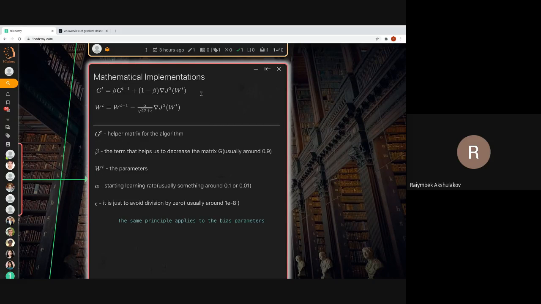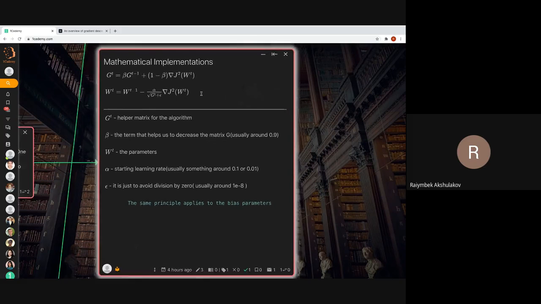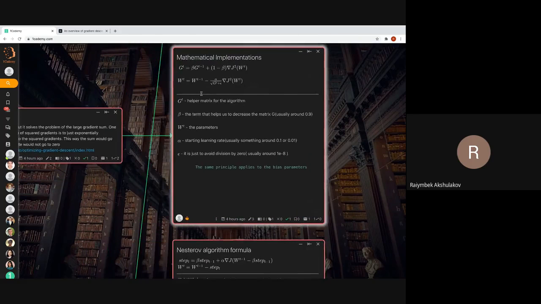With the beta variable, over time it's going to go to 0, and we're not going to be stacking a bunch of squares of gradients, so it's not going to go to 0 quickly. So yes, the advantages are the same, but now we are getting rid of the vanishing learning rate problem.